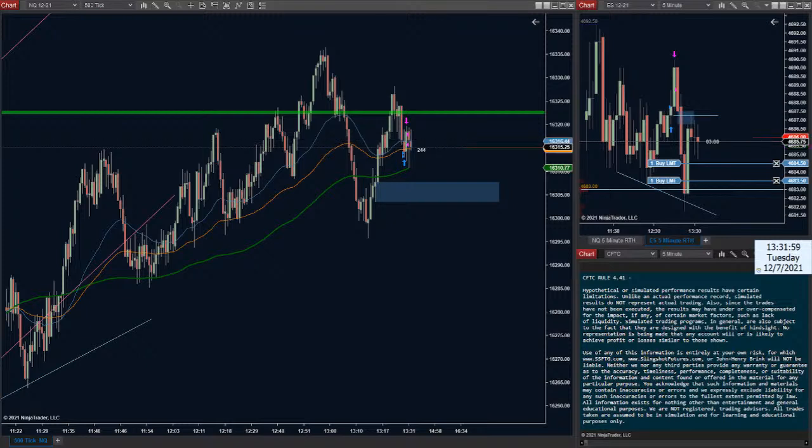Nice little back and forth, herky-jerky going on. S&P's got about 3 minutes left. NASDAQ had the quick little scalp. Next dip down is going to be the zone a little bit further.